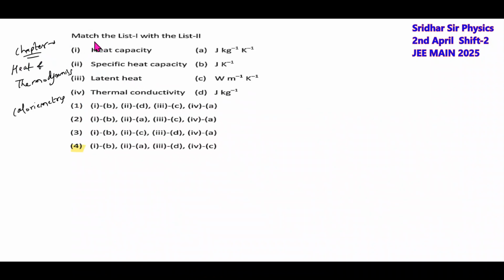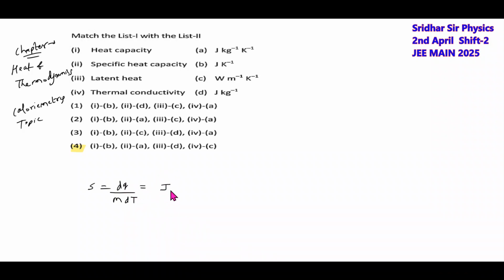The second question is based on the chapter Heat and Thermodynamics. The subtopic is calorimetry. It is asking you to match the quantity with the particular SI unit. First, we'll start with the specific heat capacity. We define it as dQ by m dT.